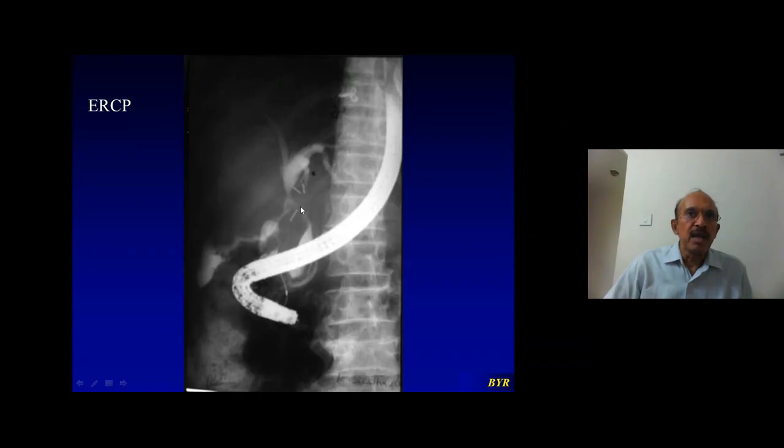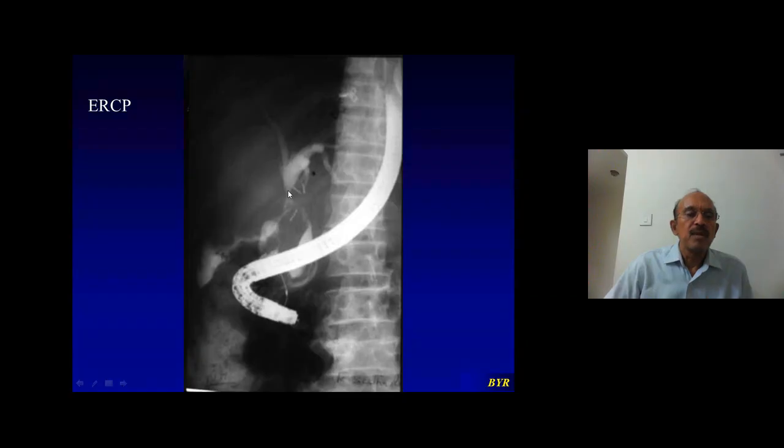This dye is leaking onto the left side and collecting here, and going to the right side like this. So all of this is the dye which is leaking. That means there is a tear followed by stricture, a stricture with an opening. So this is the place of the stricture.